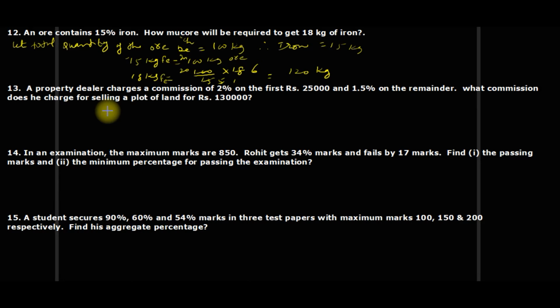Now we move on to question 13. A property dealer charges a commission of 2% on the first rupees 25,000 and 1.5% on the remainder.